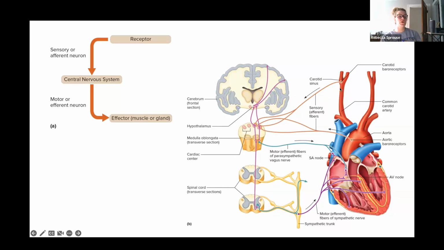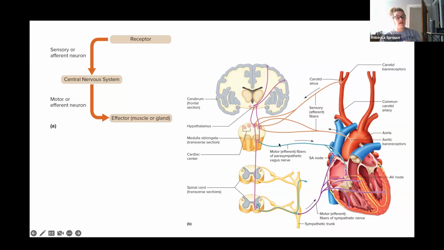So this is just showing our receptors. These are pressure receptors or baroreceptors, for example. You have pressure receptors that are detecting our blood pressure in the carotids as well as the aorta. And they are telling the medulla oblongata what's going on, and if we need to make a change to our heart rate.